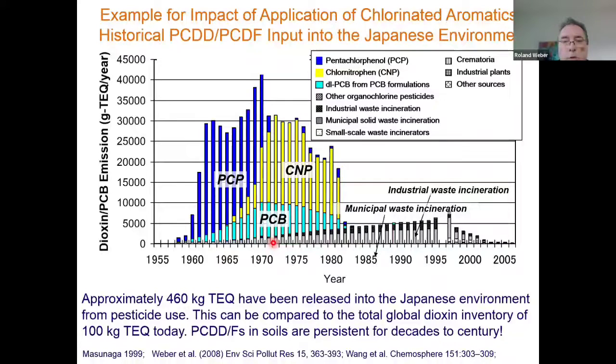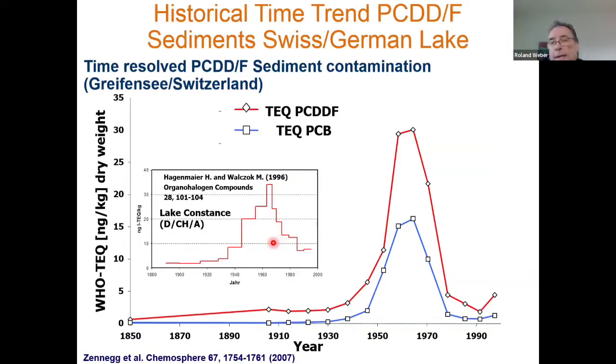So when you measure, for example, in Tokyo Bay, a sediment, this is a sediment here not from Tokyo Bay, but in Tokyo Bay it will be similar. This is a sediment from Switzerland, and they have sliced this sediment and checked the different layers of the sediment and the dioxin concentration from 1850 to about 2000.